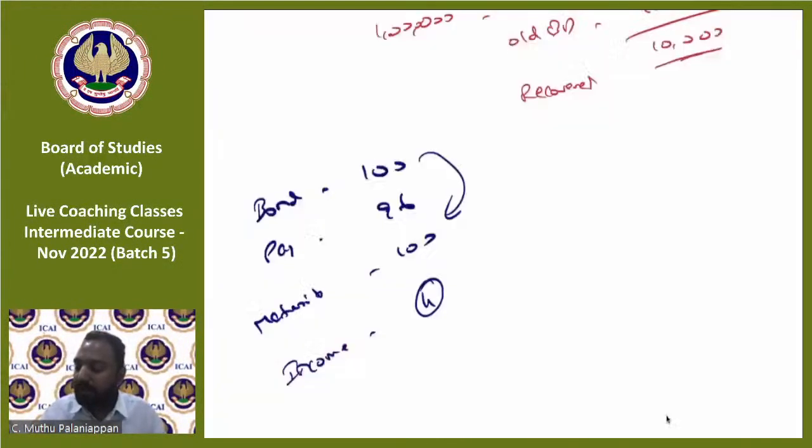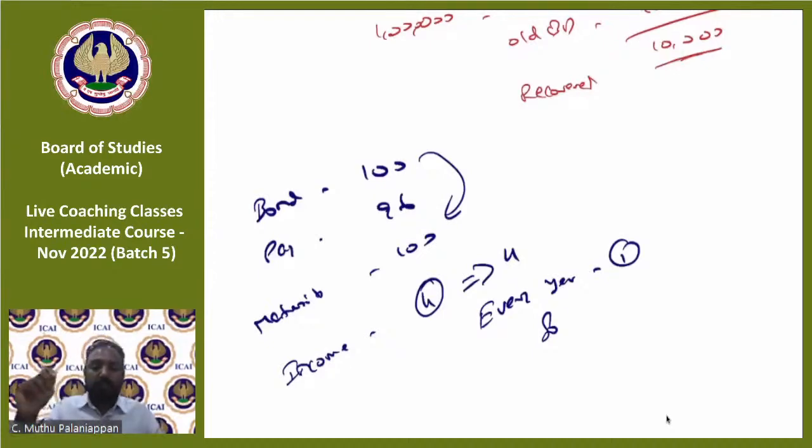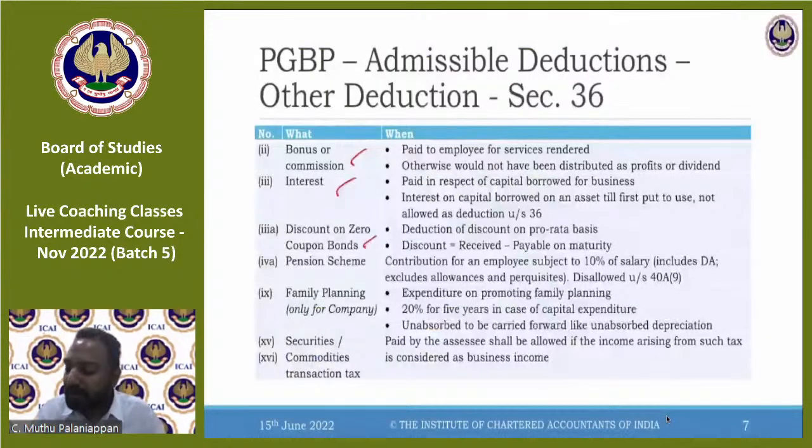Let's say the bond is eligible for 4 years. Now every year you claim 1 rupee for 4 years.